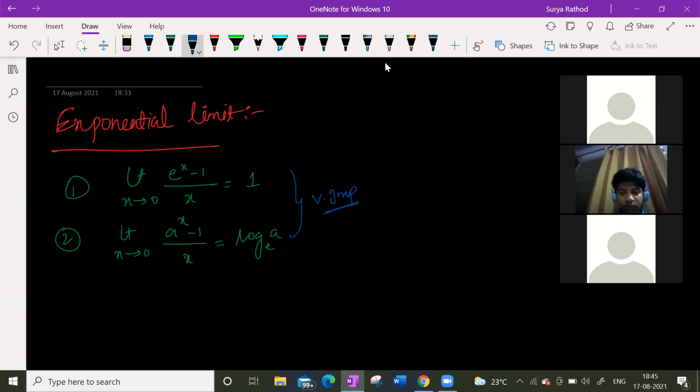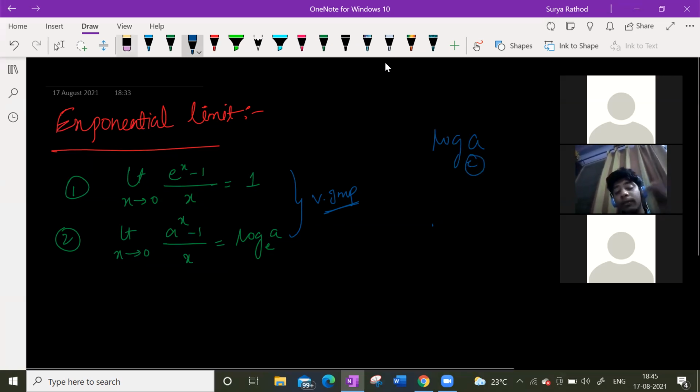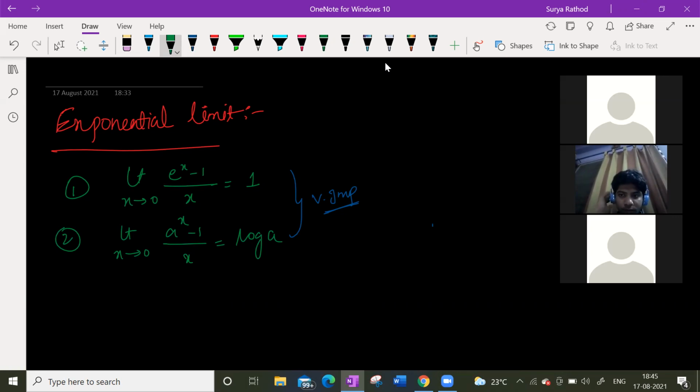And limit x tends to 0, a power of x minus 1 divided by x is equal to log a base e. Even if you don't write base e, it doesn't matter here. So it will be like that only. Clear? Now let us solve the problems.